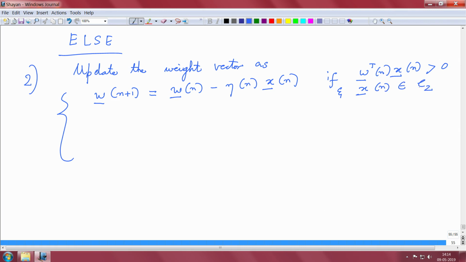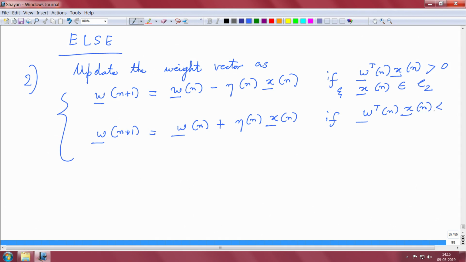So, I will write the other statement, and then I will explain how this works. W n plus 1 is W n plus some eta of n x n if W transpose n x n is less than or equal to 0 and x n belongs to class C1.